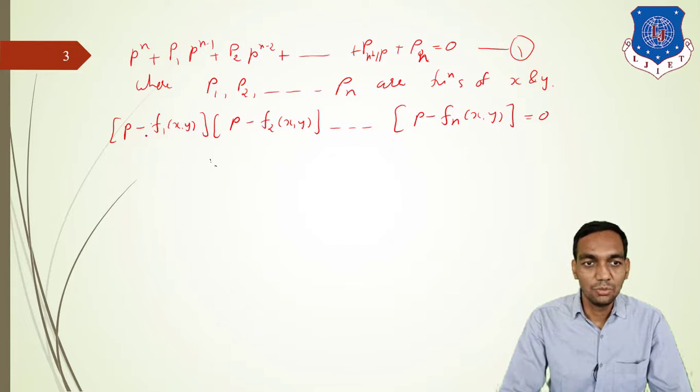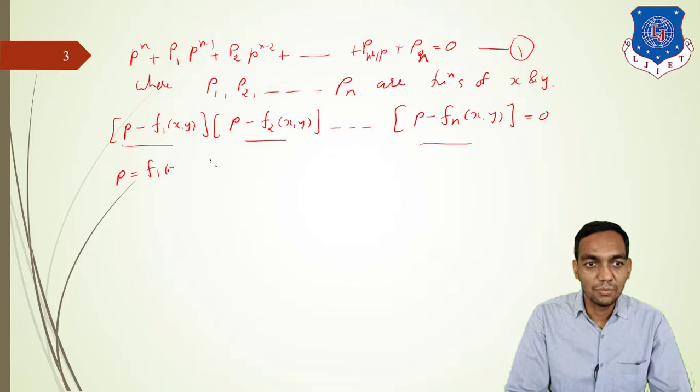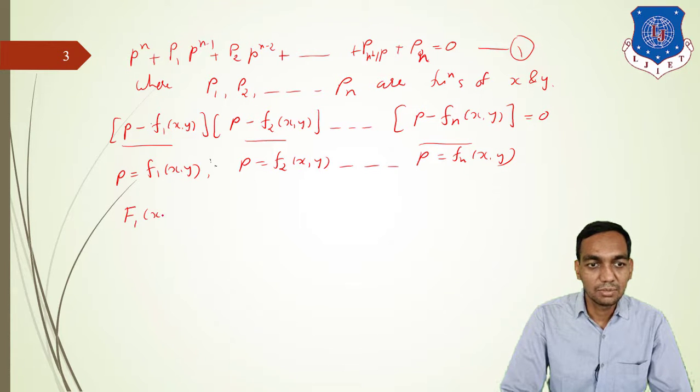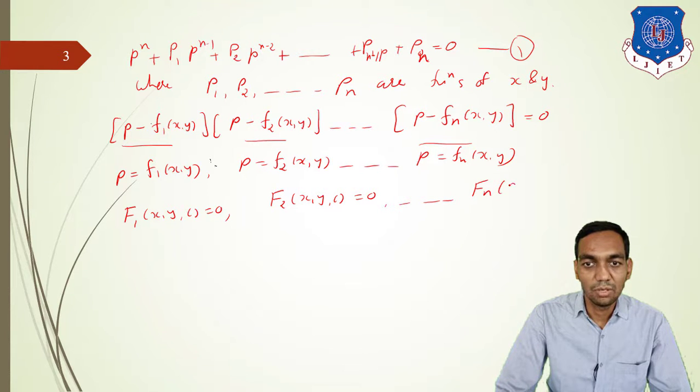Then we are going to equate each term to 0, and that will give you p is equal to f1 of x, y, in the same manner p is equal to f2 of x, y, and continuing that manner p is equal to fn of x, y. Now solve all of them and find the solutions: capital F1 of x, y, c is equal to 0, in the same manner capital F2 of x, y, c is equal to 0, and so on, capital Fn of x, y, c is equal to 0.